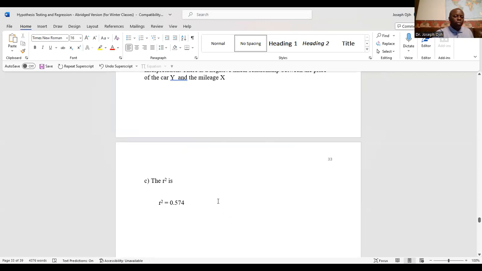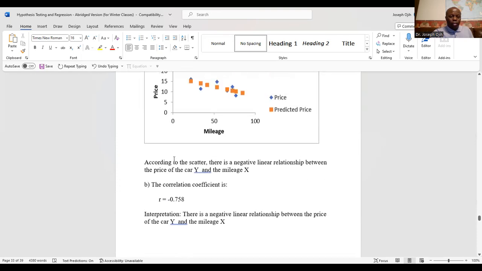So, which is the same as saying, the interpretation, the prediction: you see that about 57.4% decrease in the price of the car is caused by the increase in mileage. I use decrease because the correlation coefficient says that it's negative.